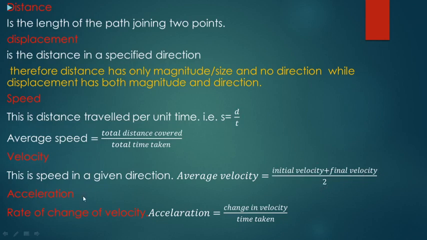And then when we talk about acceleration, it is the rate of change of velocity. Acceleration is equal to change in velocity over time taken, meaning we can also say it is the final velocity minus initial velocity over the time taken. That is what we call acceleration.